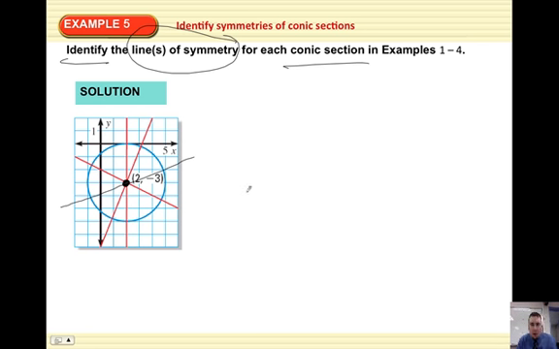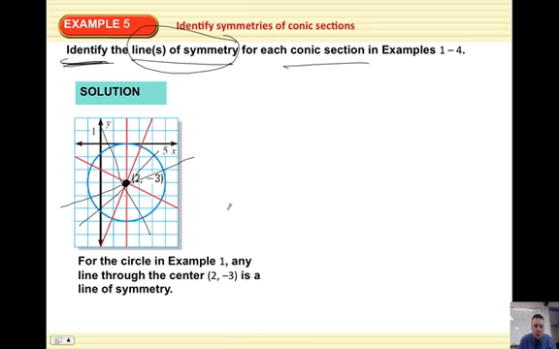Really, any line that goes through the center is a line of symmetry, only for a circle. So I could just keep drawing lines. There's an infinite number of lines that I could draw. So if it said identify the lines of symmetry, you would say any line that goes through the center of the circle.